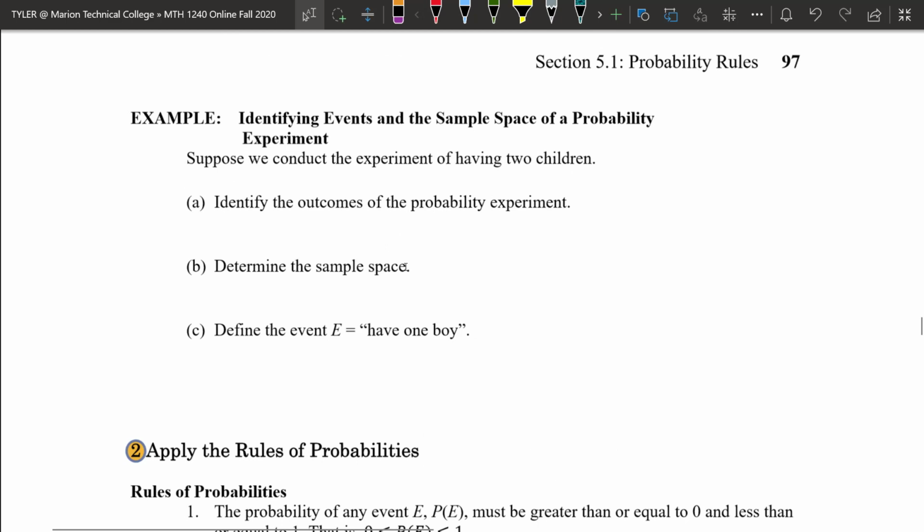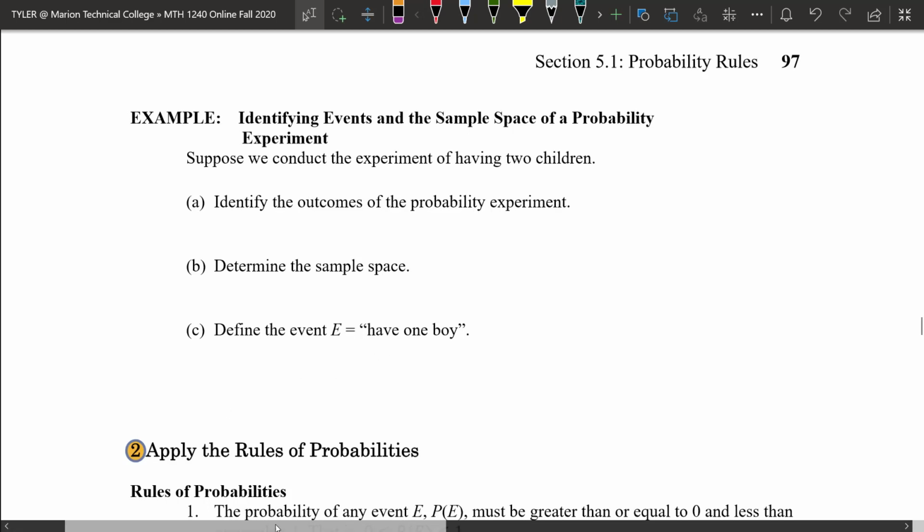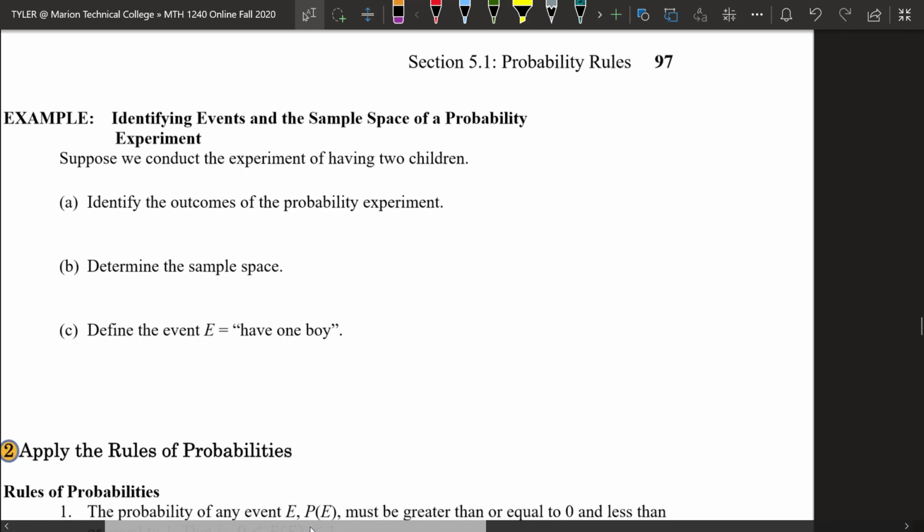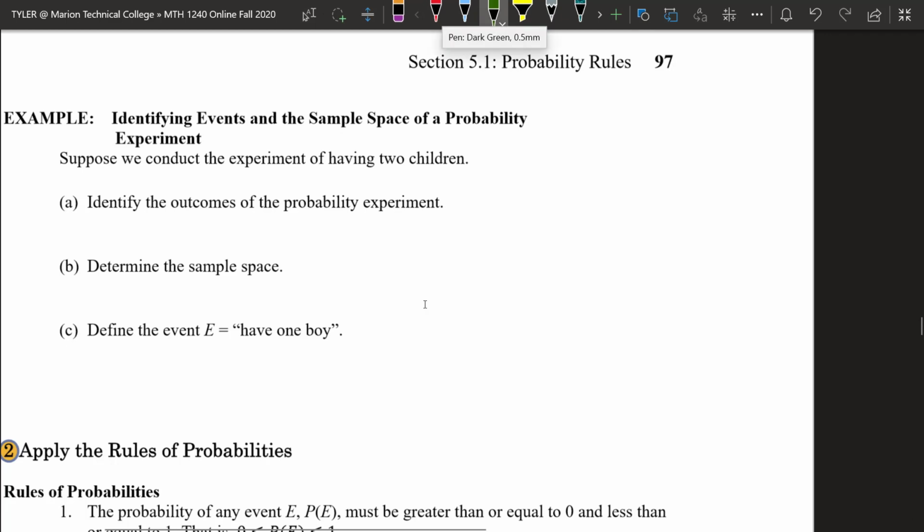So to practice with these terms, it says, suppose we conduct the experiment of having 2 children, identify the outcome of the probability experiment, right? So what I want to do is show you how to think about this, but using a tree diagram, something that's called a tree diagram.